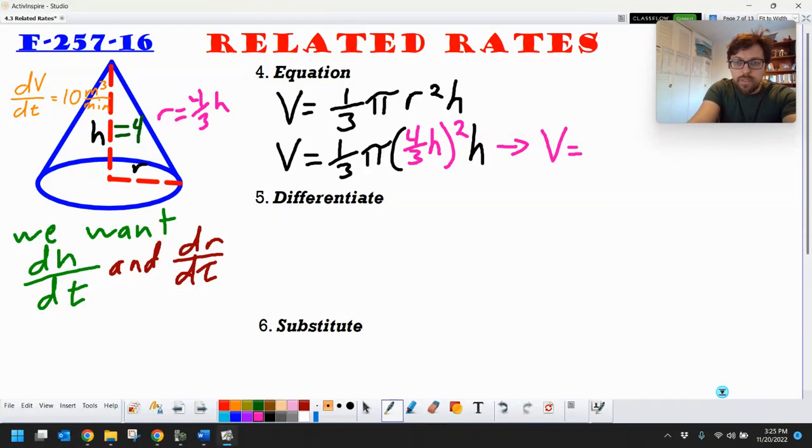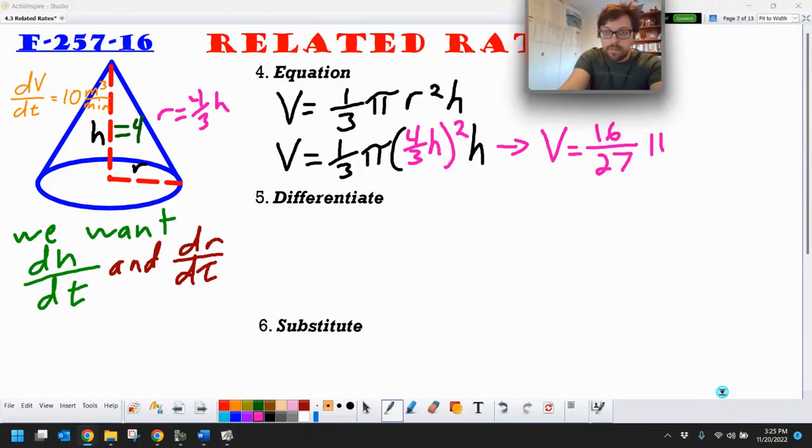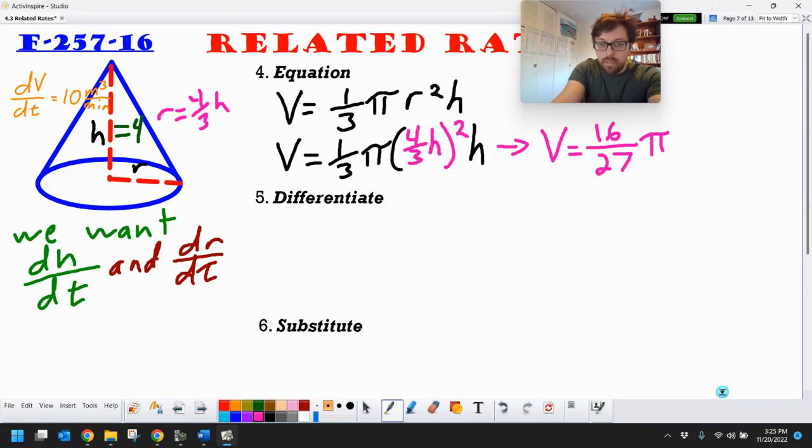So that is going to be 16. Let's see, 9 times 3 is 27 pi. Yeah, I'm more in the way. Get out of the way, me. And then h cubed.